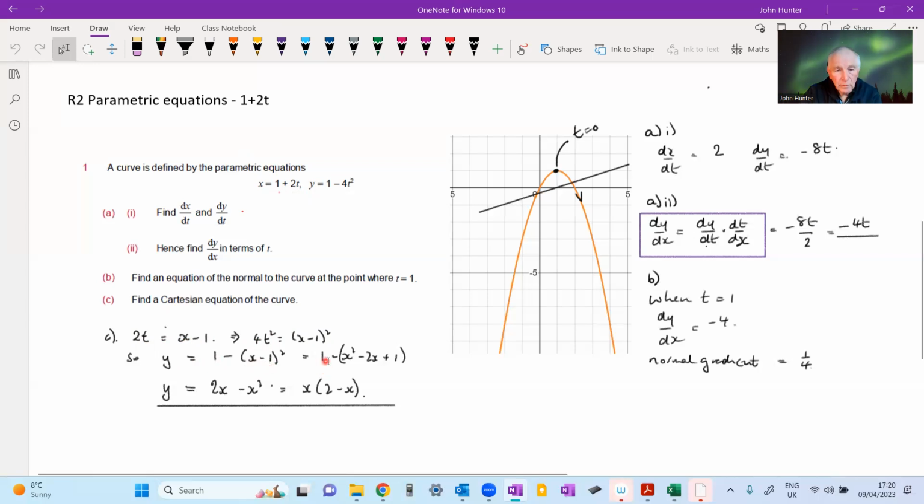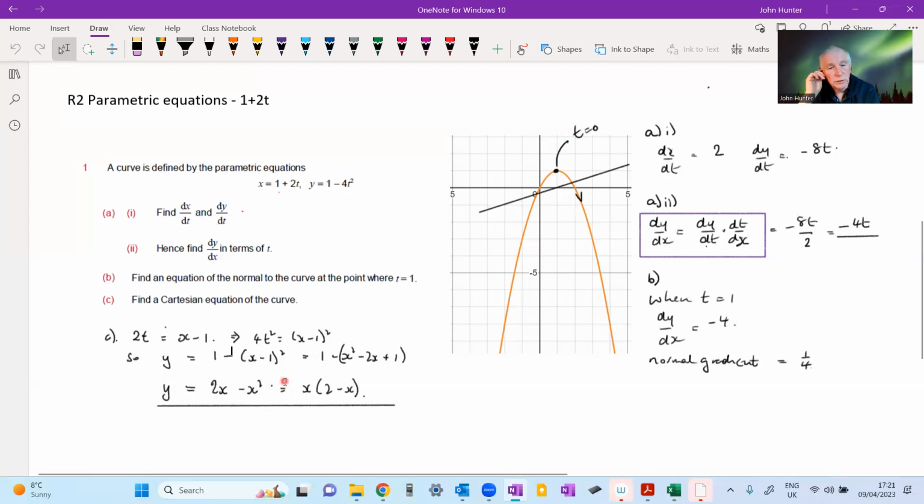Then we expand that and rearrange it, and we're going to get y equals 2x minus x squared, or y equals x(2 minus x), if we like. That tells us that it's going to cross the x-axis at 0 and 2. And obviously this is an upside down quadratic, isn't it? That's what we've got with this.